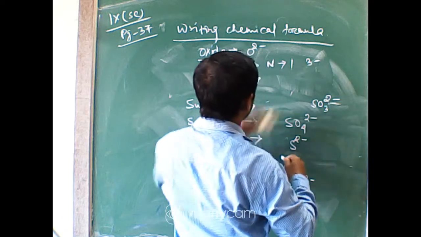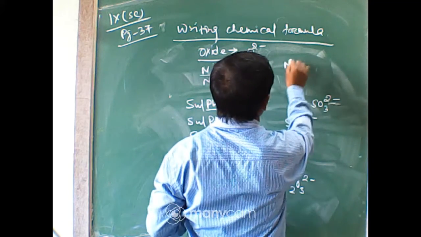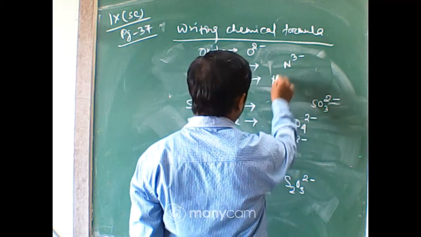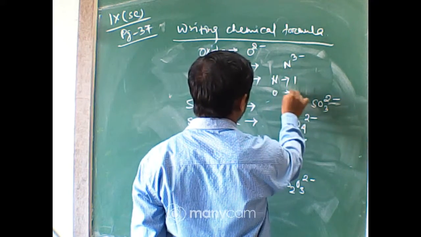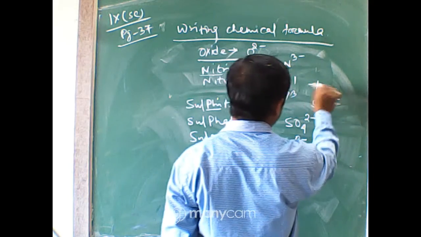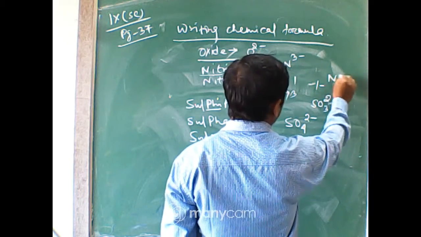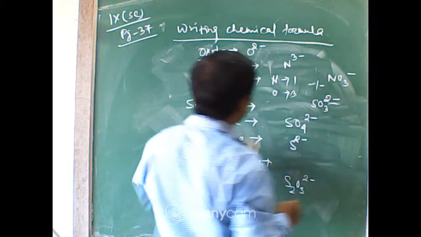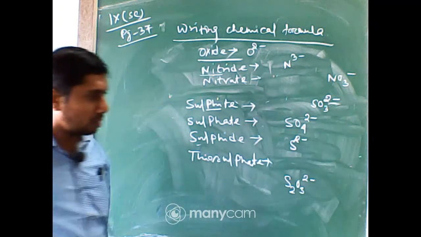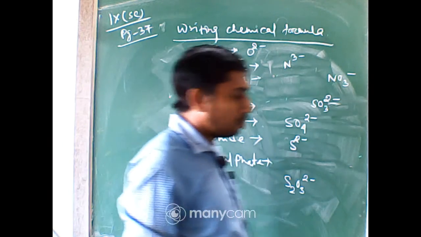So, the representation will be N 3 minus. Nitrate: here nitrogen equals 1, oxygen equals 3, and the charge is 1 minus. So, NO3 minus. Okay. These are the names and formulas of the common anions.